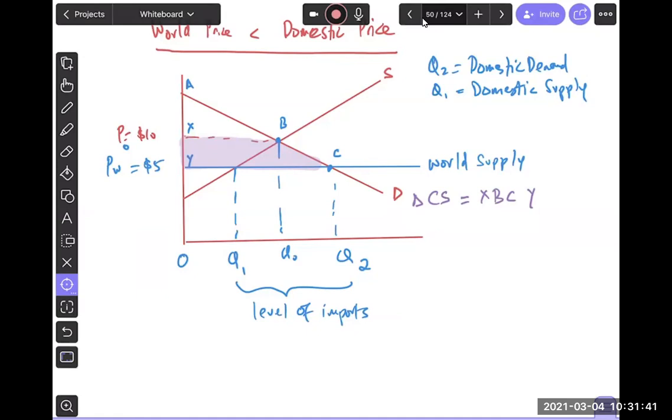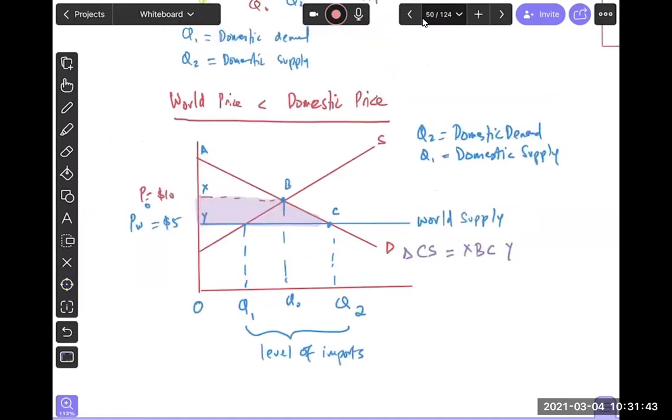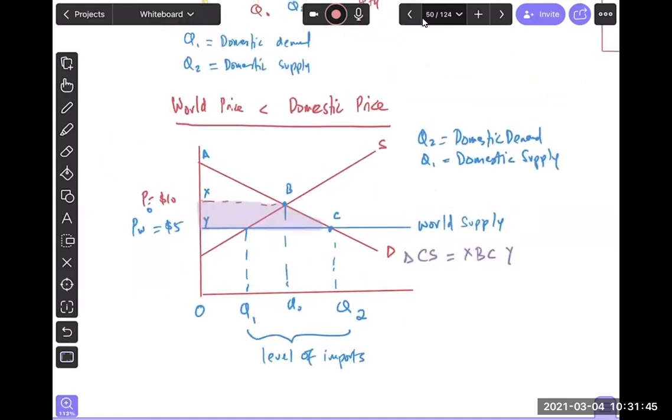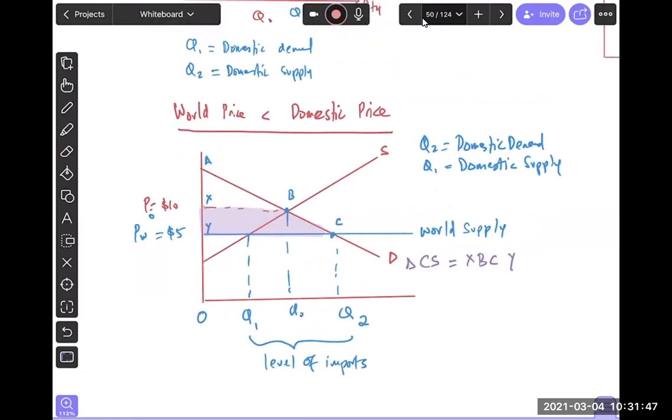Now let's look at the government's perspective. Let's say government says we want to reduce imports. So they decide to use the first method, which is called a tariff. What is a tariff?